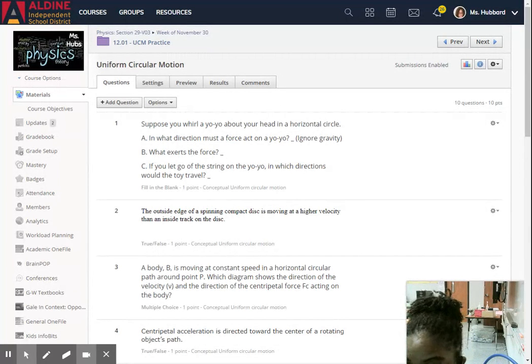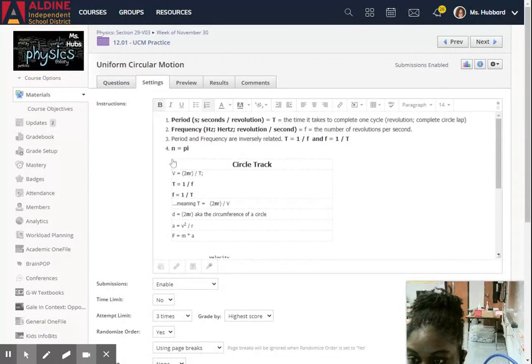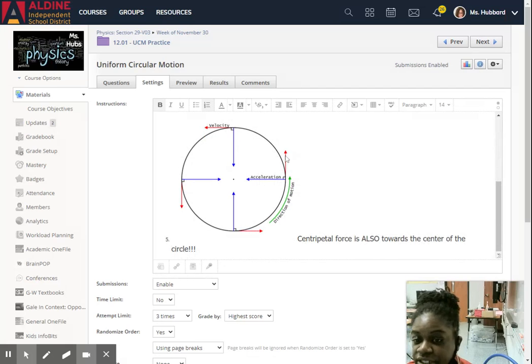Then part C says if you let go of the string on the yo-yo, which direction will the toy travel? Well, let's look at the tangent arrows, the tangent directional arrows towards the circle. That indicates the direction of the object's speed or velocity. Let's look at that blue arrow that has acceleration on top of it.